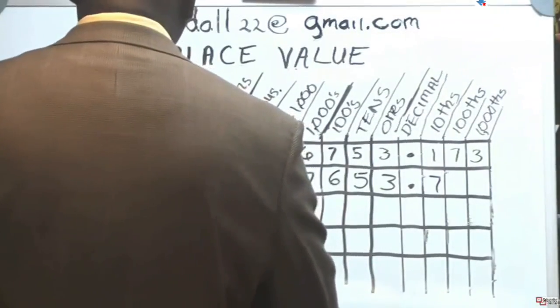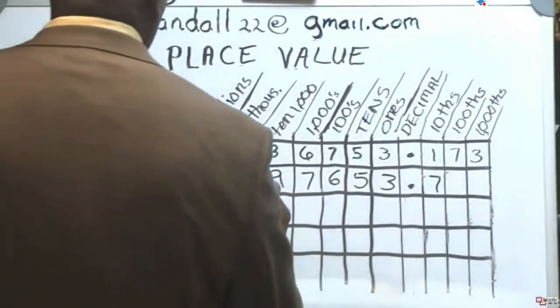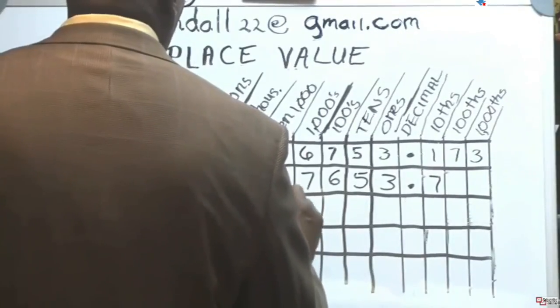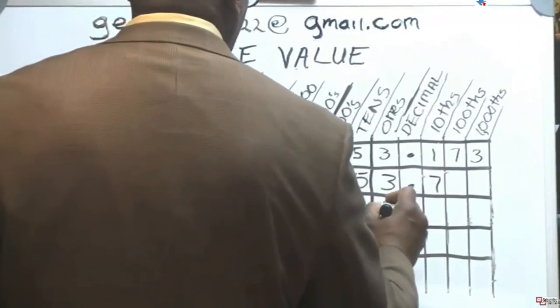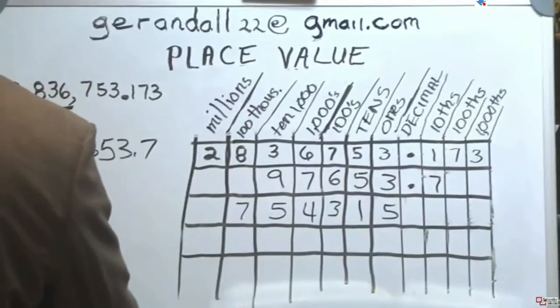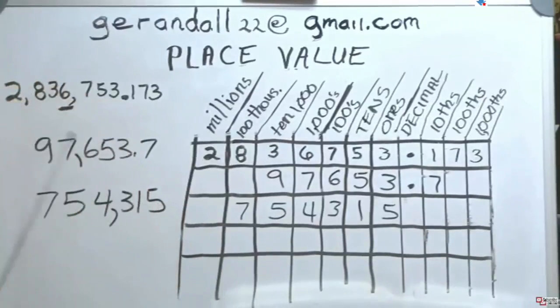Let's look at that six-figure income, where 7, 5, 4, 3, 1, 5. That's 754,315. Again, do not say 754,315 with an "and".